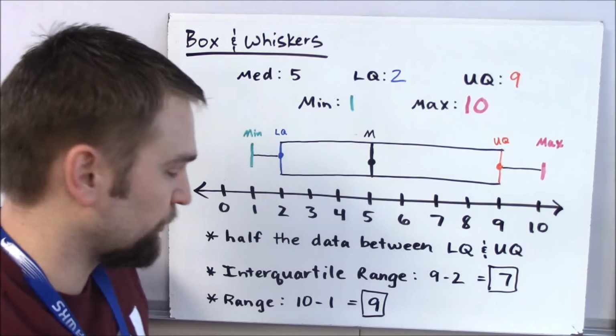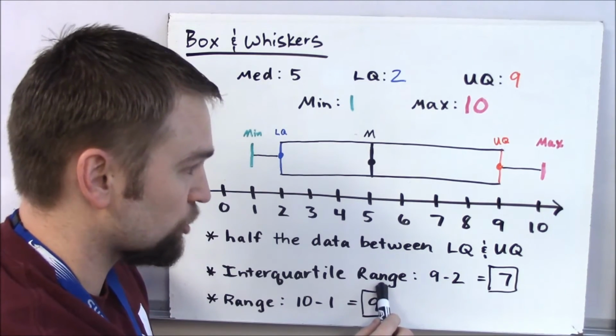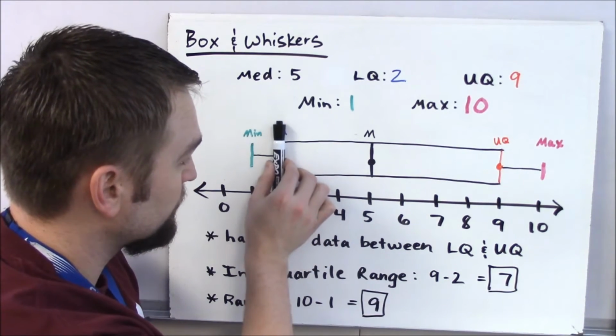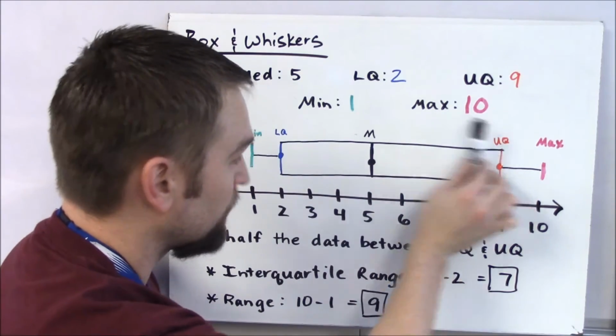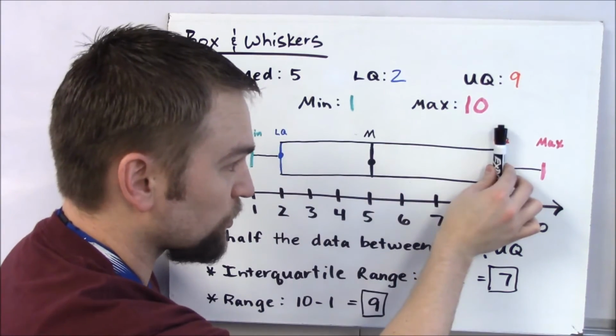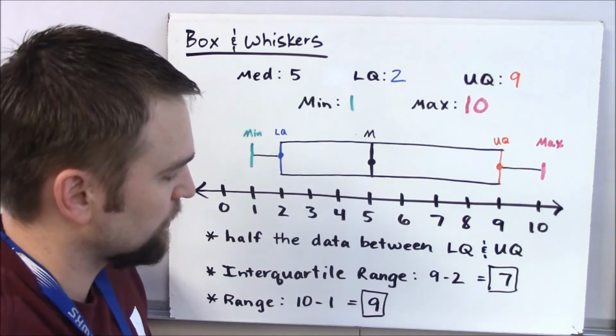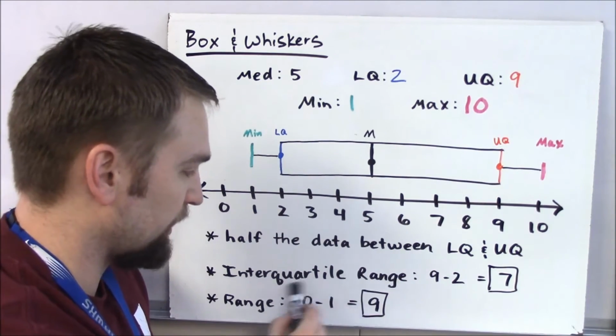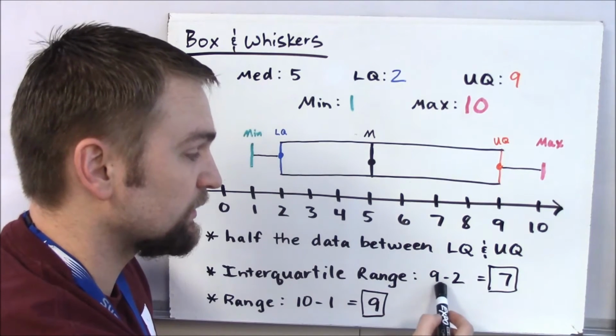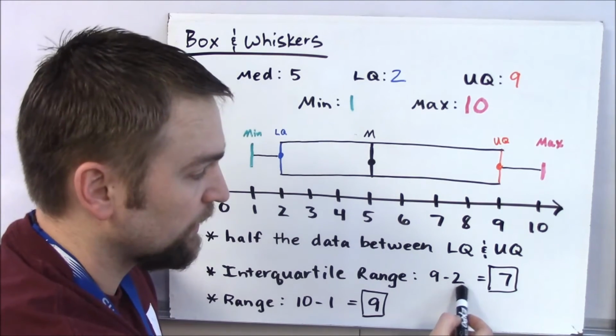Another piece of vocabulary is the interquartile range. That's from here to here, the difference between the lower quartile and the upper quartile. So we have an interquartile range of 9 take away 2, and I get 7.